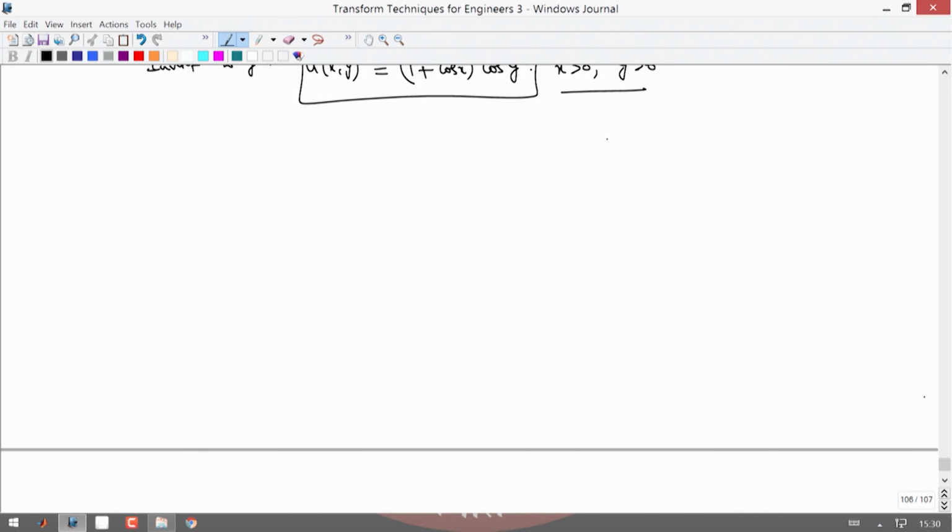Okay. Let us apply this technique to the heat equation. So, let us solve heat equation problems using this Laplace transform. So, let us solve the heat equation, that is dou u by dou t equal to dou square u by dou x square of x t.